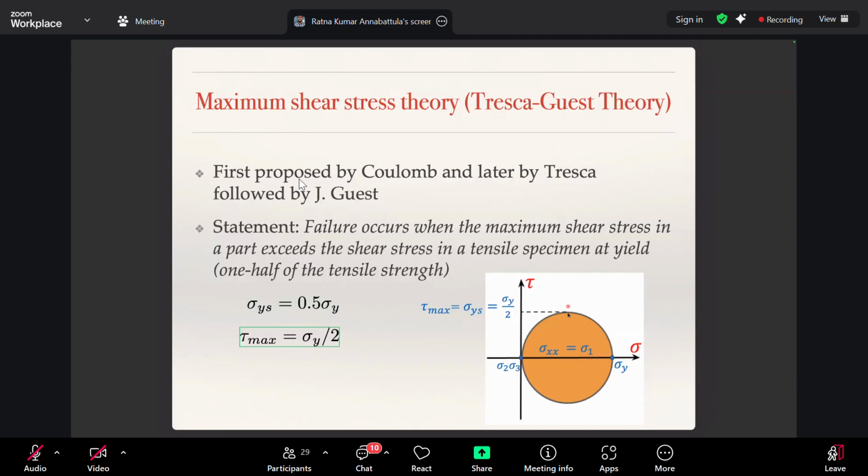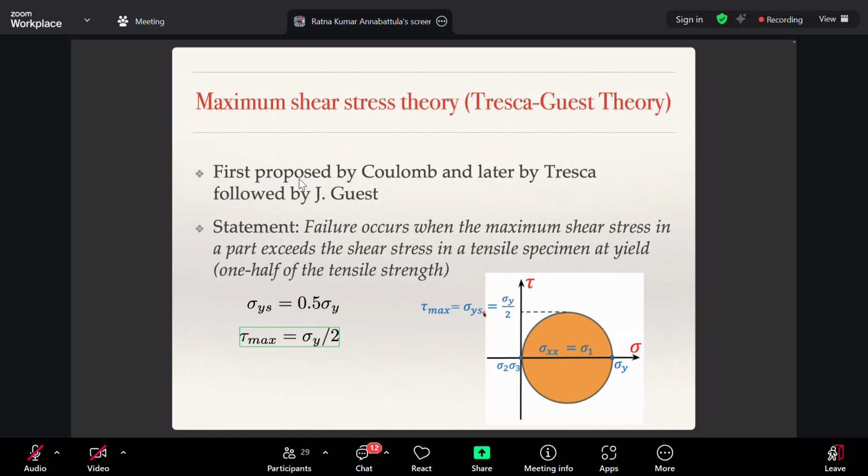So if you look at this particular point at which the shear stress is maximum, for a case of uniaxial tension, if you are loading up to the yield strength of the material, then the maximum shear stress will be sigma y by 2. That is when the onset of plastic deformation takes place. That means we can refer to this as the shear yield strength of the material, which is sigma y by 2, 0.5 times sigma y.